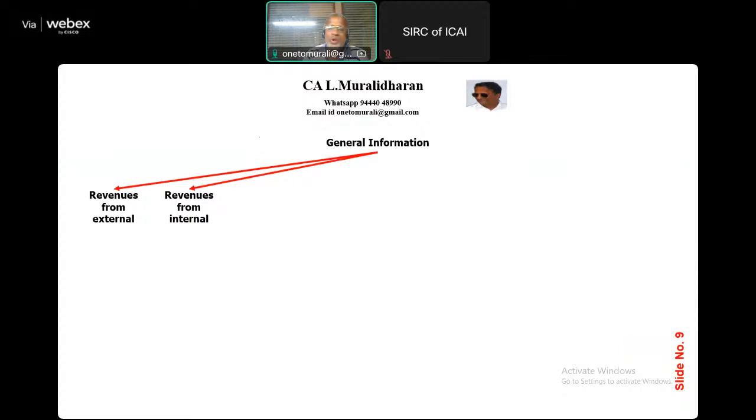Now, one important thing that you should always remember is that whenever you take revenue as a basis, we need to know what revenue is the base that you have got to choose. You have two types of revenue. One is external, the other one being internal. What do you mean by internal revenue?